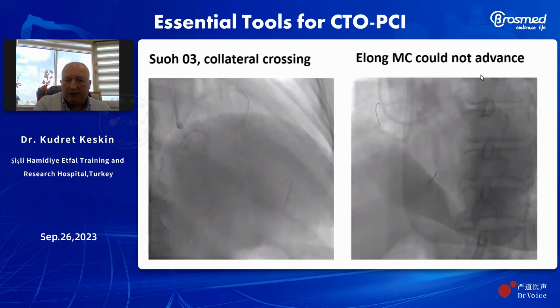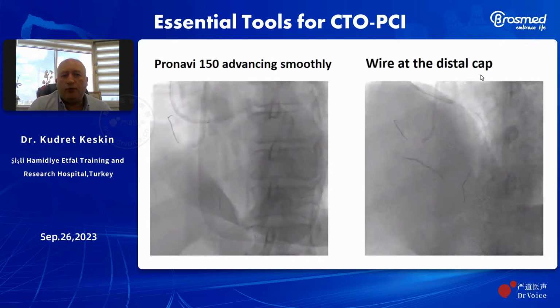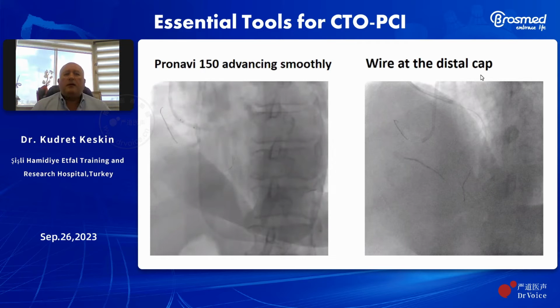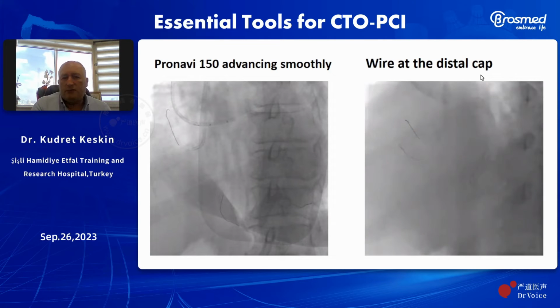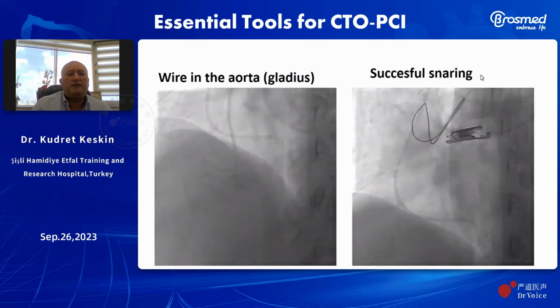That's why we exchanged it with a Pronavi 150, 1.7 French, and as you can see, it advanced pretty smoothly without any resistance. And later we redirected the wire to the distal RCA and to the distal cap, and then took a Gladius.